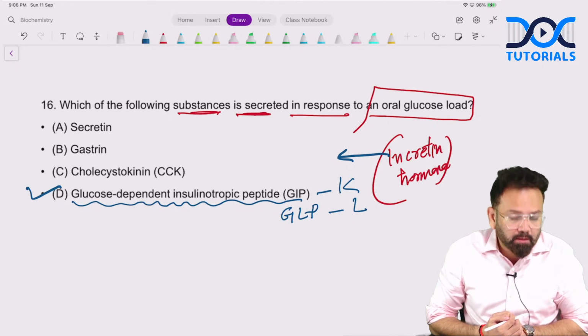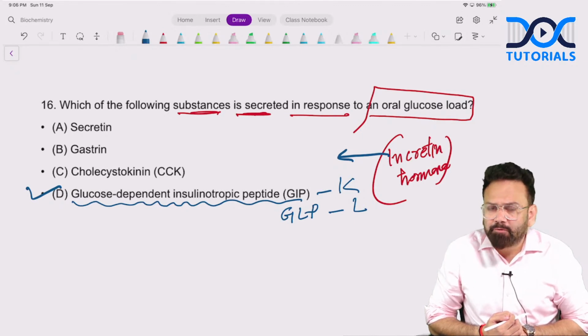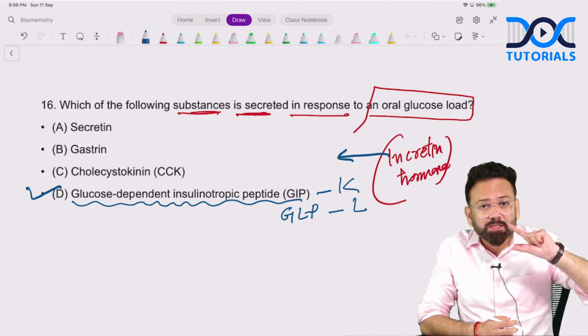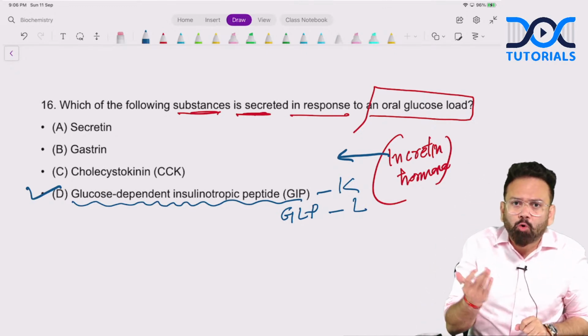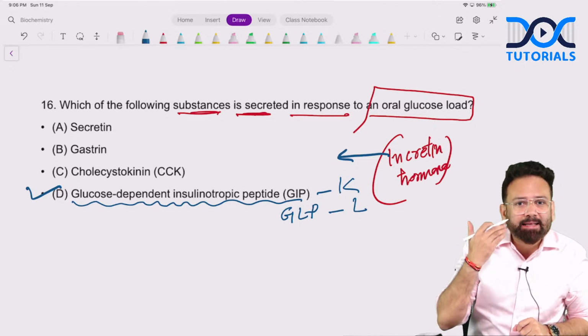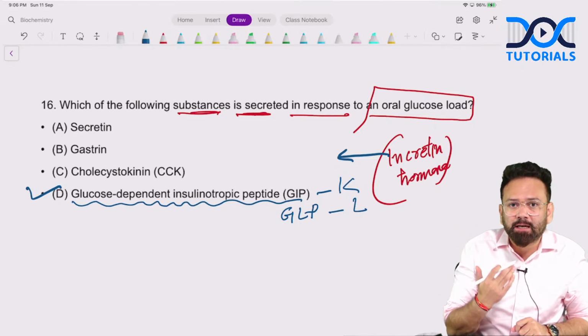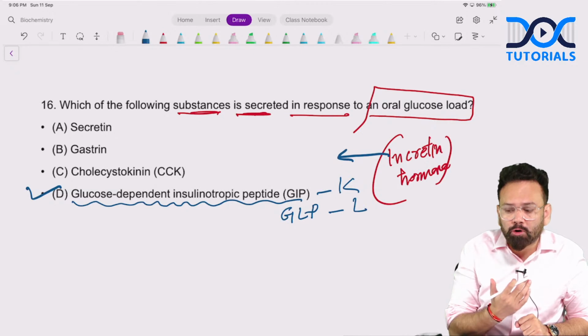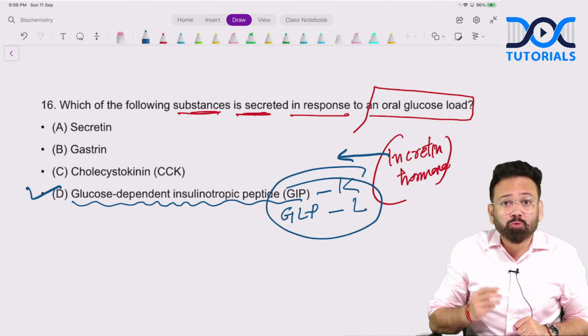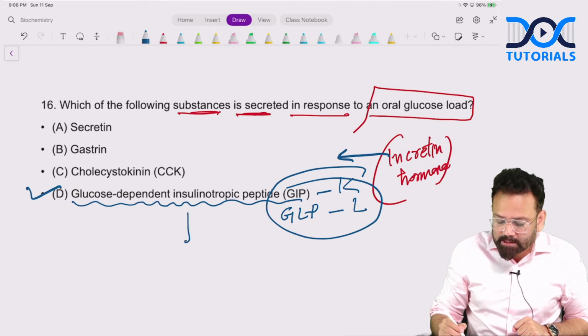Most of you are correct. Wonderful. Yes, when you give oral glucose, insulin secretion is more. Why? When you take oral glucose, it will pass through the intestine and the K cell and L cell will release incretin hormone, that is GLP and GIP, and these will stimulate the beta cell to release insulin.